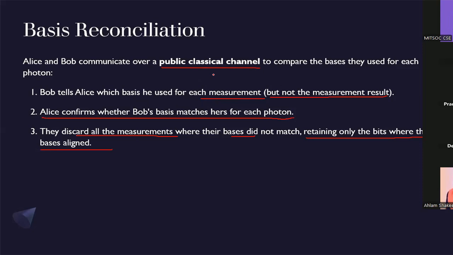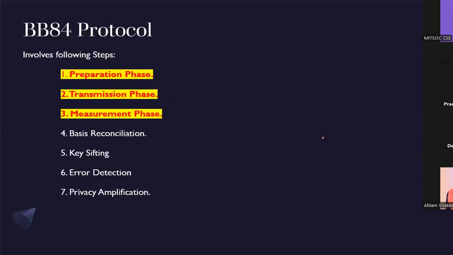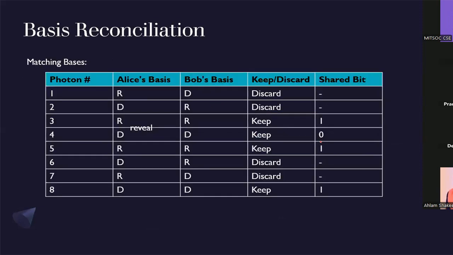That's why Bob is not going to share the measurement result. If the measurement results were also shared, that would again be problematic.